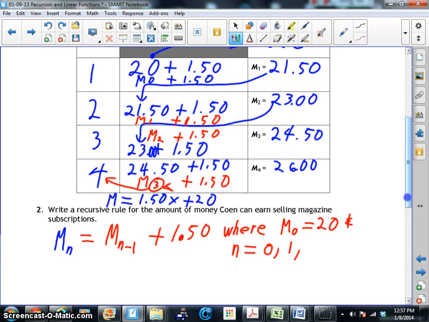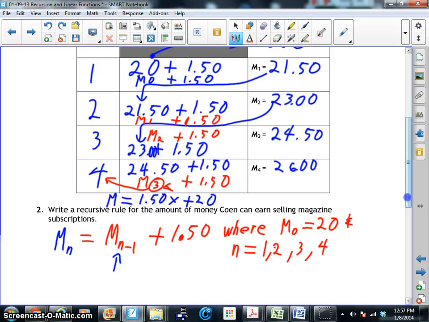Where do we start with n? Oh, I'm sorry. We always look at where we start right here. We started right here for this n. So now n has to be equal to 1, 2, 3, 4. Even though we're given m sub 0, we're going to start with this right here, so that way we can move on to the next one. And that's the way this one's set up.